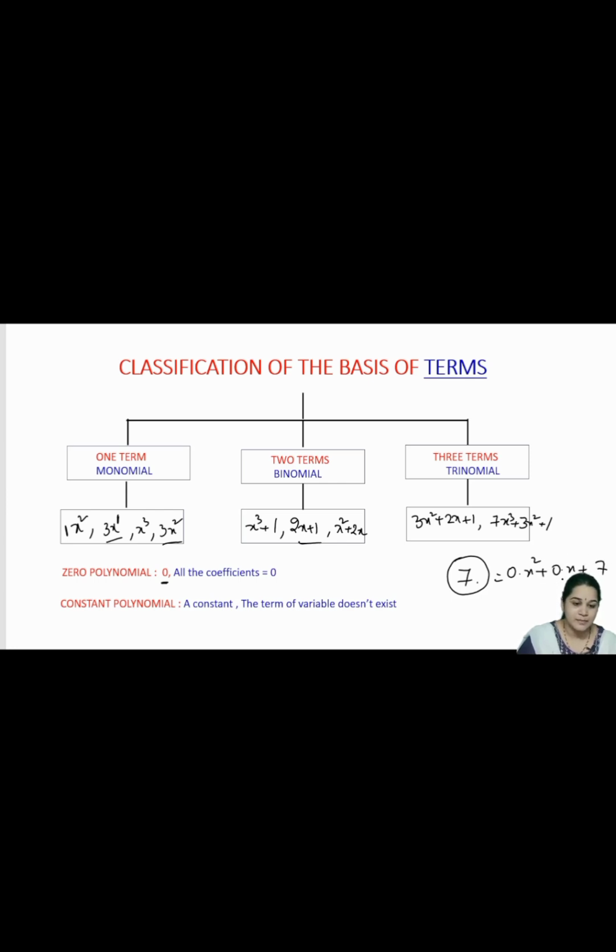Here x is a variable, x square is a variable term, but the term of variable doesn't exist for 7. So 7 is a constant polynomial. Any number is called a constant polynomial, but in that, the term of variable doesn't exist.